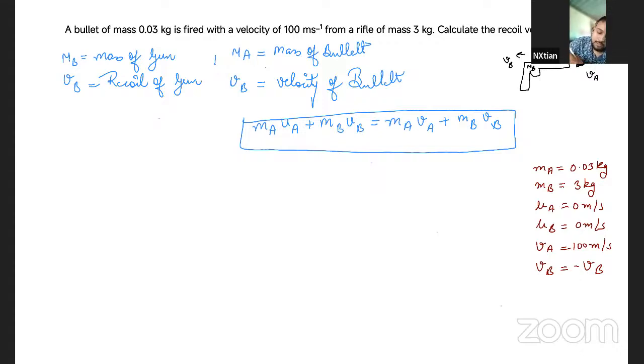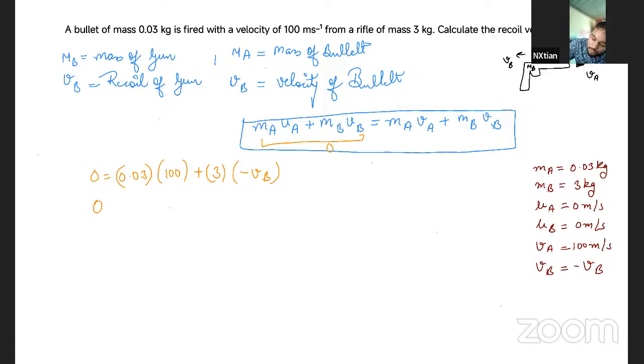So now I have to put the values into this. This whole term will become 0. Why? Because MA into 0, MB into 0, 0 plus 0 is 0. So it becomes 0 is equal to MA, which is 0.03, into VA, which is 100, plus MB, which is 3, into minus VB.